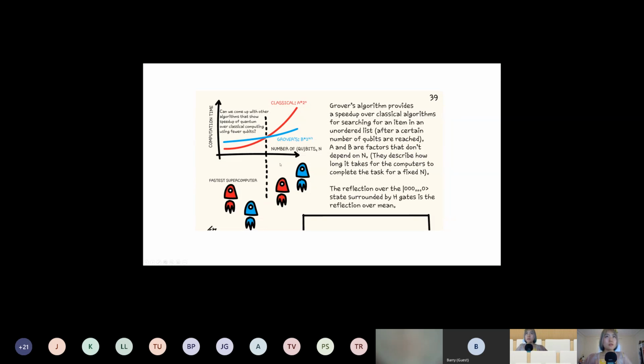So we don't quite know the exact number that's needed, where this will occur. It depends on a couple of things.